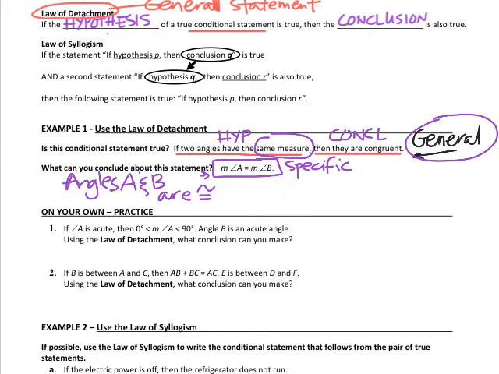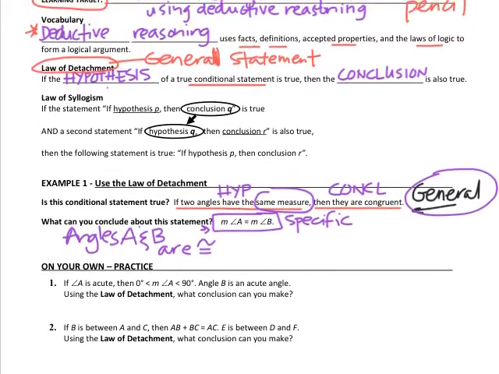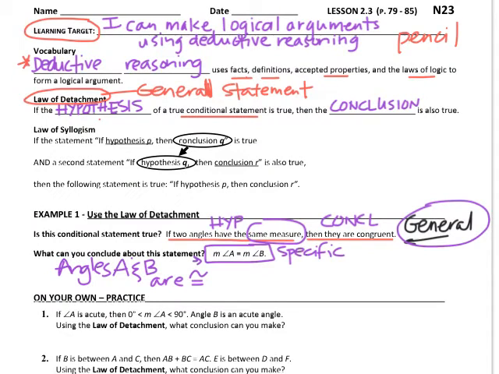Now let's go back and take a look at the law of syllogism. The law of syllogism is different than the law of detachment because it does not give you a general statement. It just gives you two conditional statements. The first one, if you take a look at it right here, if the statement, if hypothesis P, then conclusion Q is true, and a second statement, so we're having two statements.